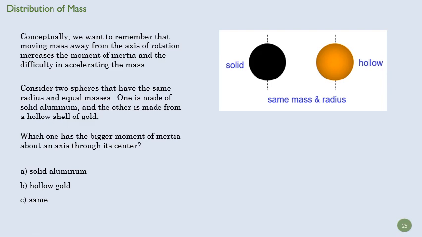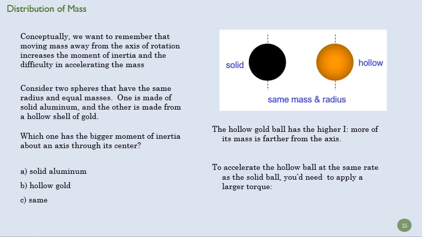Well, the m is going to be the same for both, but the difference is this one has all of that mass far away from our axis of rotation. This one has a bunch of mass that's along the axis of rotation, and so the bigger moment of inertia is going to be the hollow gold one because it has more of its mass far from the axis.